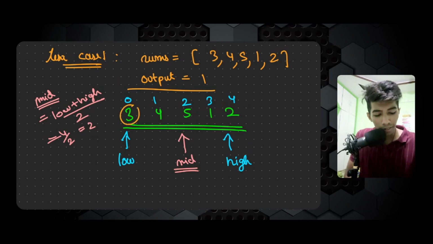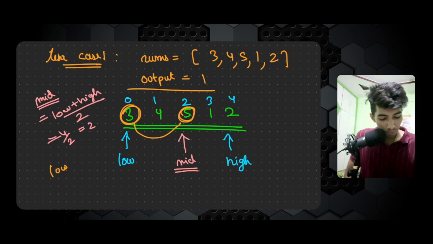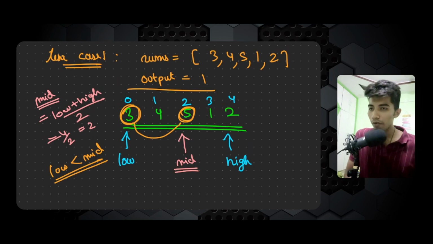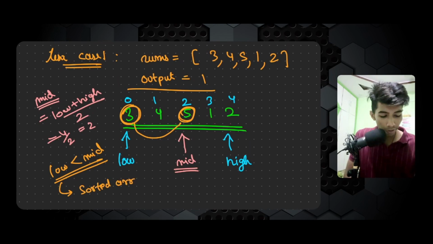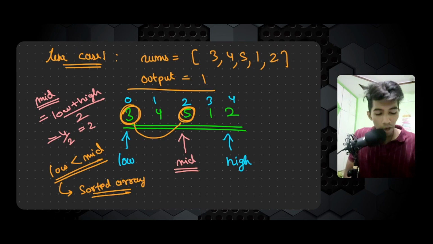If I compare this number with this number, and if low is lesser than mid, then it's very clear, guys, that we are in a sorted array. This is the case when you are in the sorted array, because my low is lesser than mid.